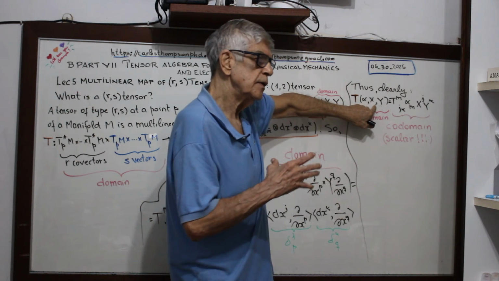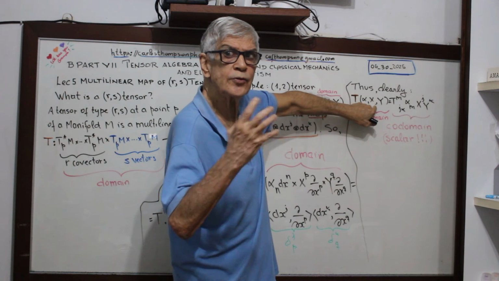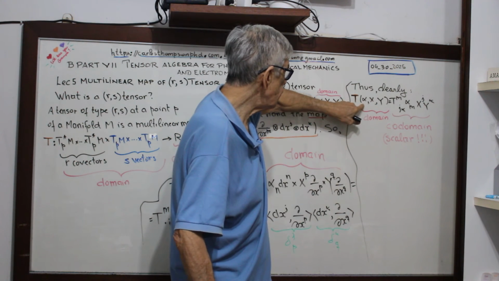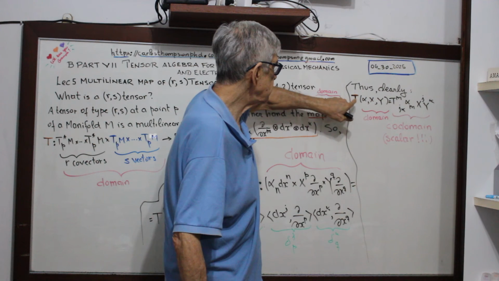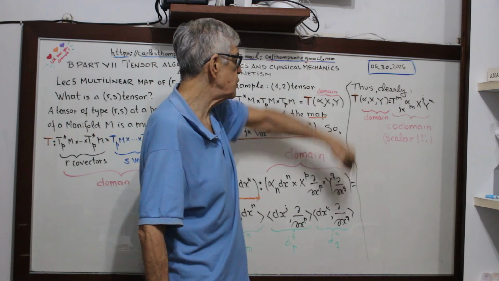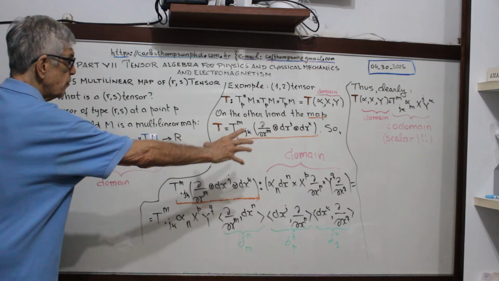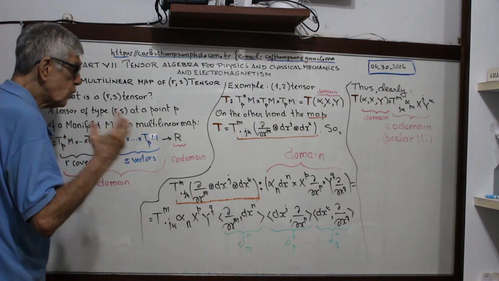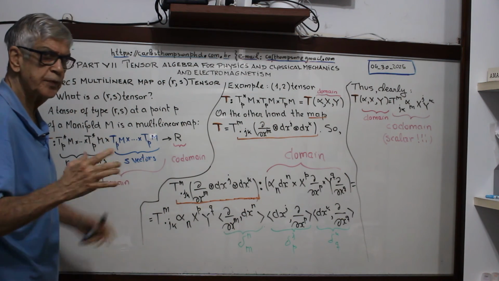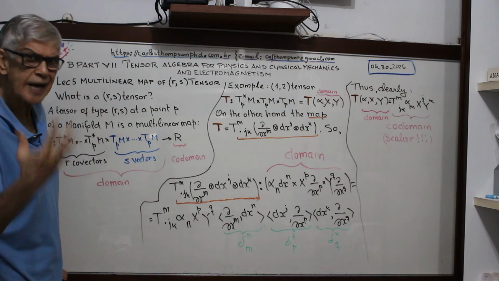Because the tensor is, in this case, 1, 2: one covector and two vectors. That's a map, the pumpkin orange over here. So this is quite clear for you. I recommend you take a piece of paper, copy this, and practice.